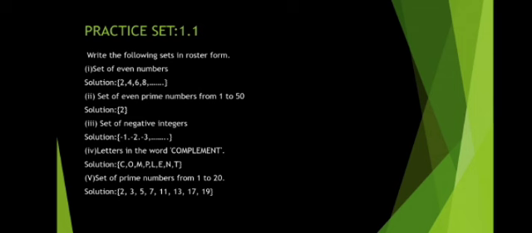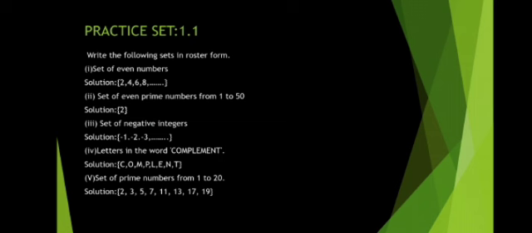Next we take 5. It is a prime number because it can be divided by only 2 numbers, 1 and itself. If we take 6, it is not a prime number, it is a composite number because it can be divided by 1, 2, 3 and itself, that is 6. Next is 7, a prime number. 8 is not a prime number. 9 is also not a prime number.